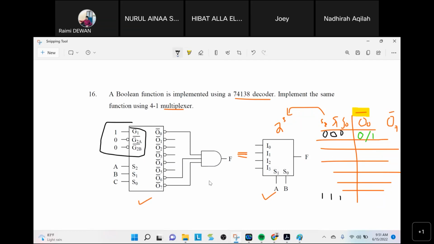G to A, G to B. I think in the test or final they should give this. This one luckily is an exercise. You can Google what G means.